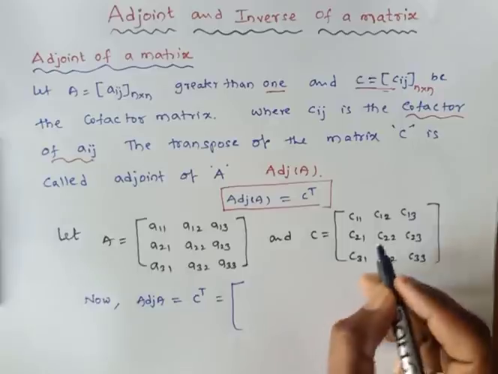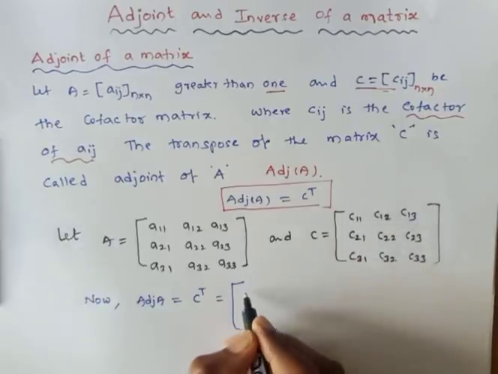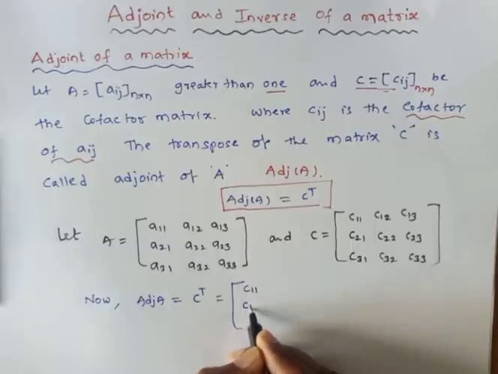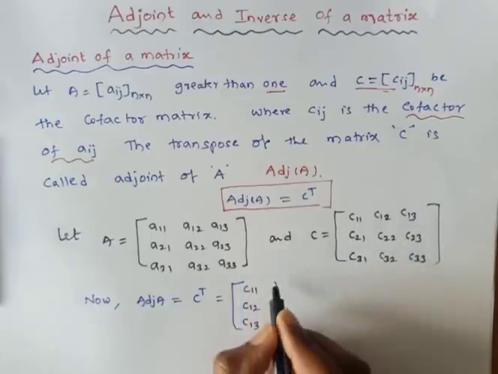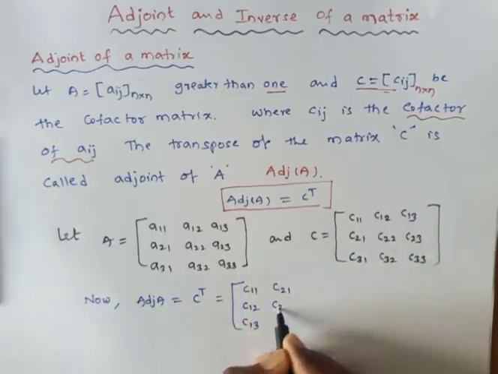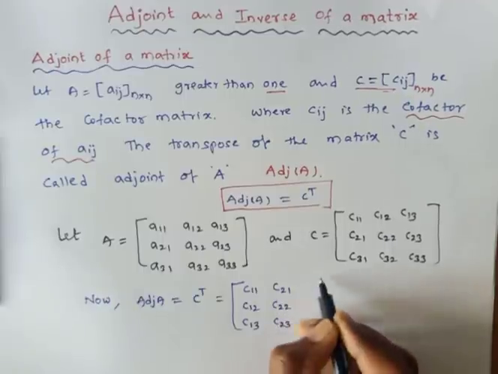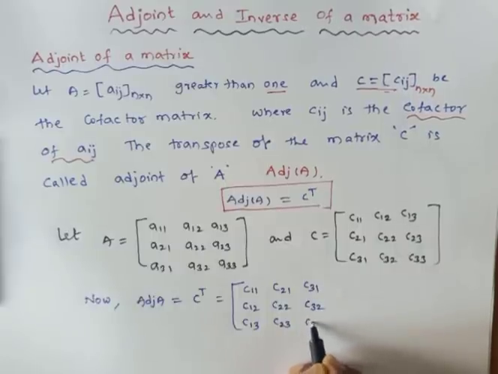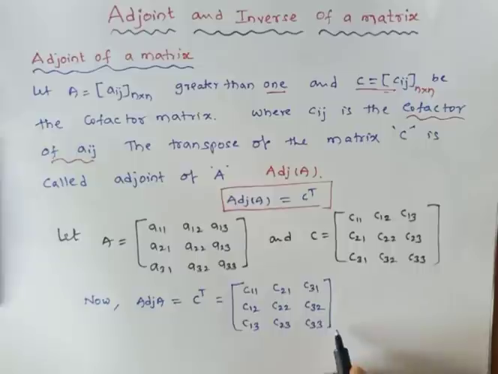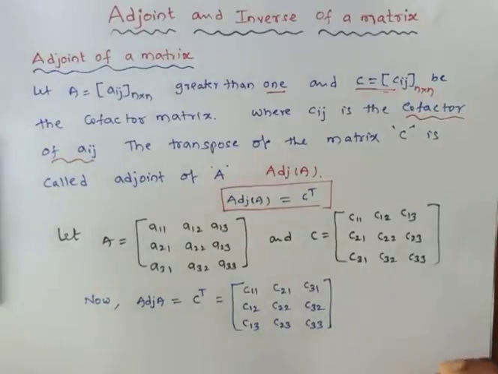So the first row, C11, C12, C13, becomes the first column. The second row, C21, C22, C23, becomes the second column, and the third row, C31, C32, C33, becomes the third column. This is the adjoint of the given matrix. So to find the adjoint of a square matrix, you just need to know the concept of the cofactor of an element.